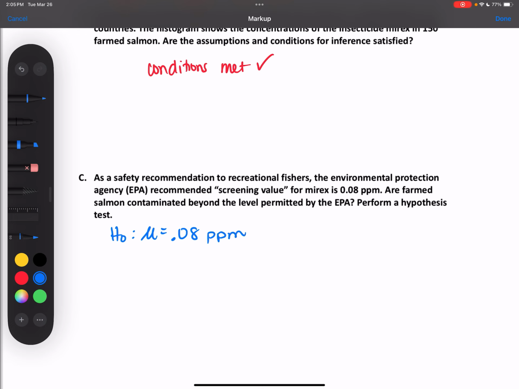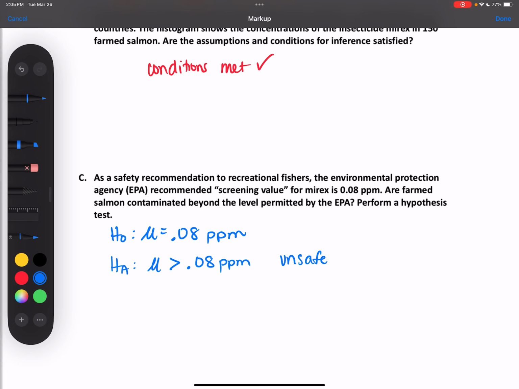And then what would my alternate be? It's greater. It is greater than 0.08 ppm. And what does that imply if it's greater than? It's illegal. Yep, illegal, unsafe. So just note that there for reference.